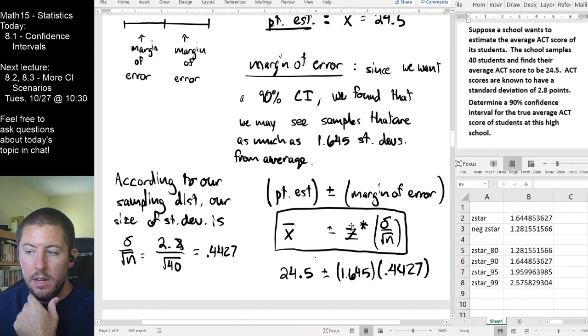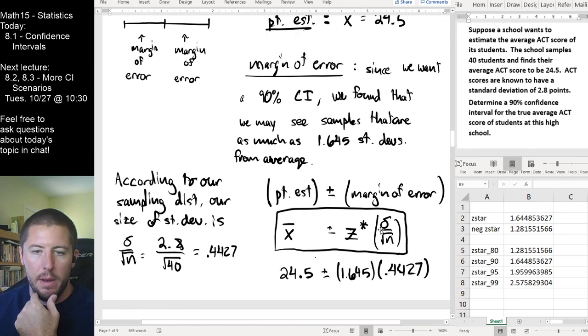Notice that as z-star gets bigger, the whole margin of error gets bigger. As sigma gets bigger, the whole margin of error gets bigger. But as n gets bigger, the margin of error gets smaller because we're dividing by the square root of n. So this is an easy way to remember it: both z-star and sigma are numerator terms.